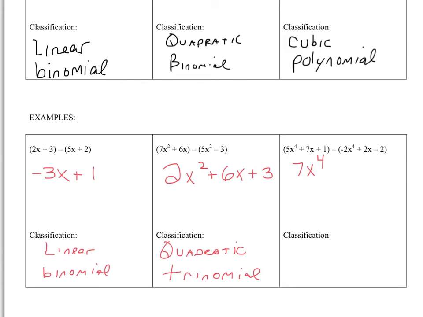I have some x to the first, that's 7x minus a positive 2x, which is 5x. And 1 minus a negative 2 is 3. So the degree here is 4, so that would be a quartic. And there's 3 terms, so it's a trinomial.